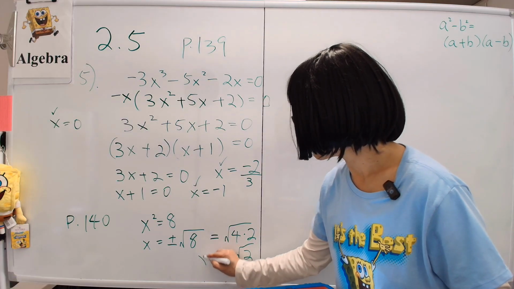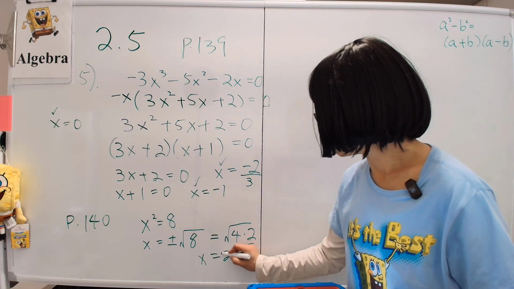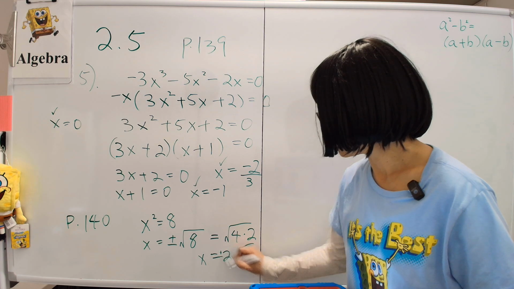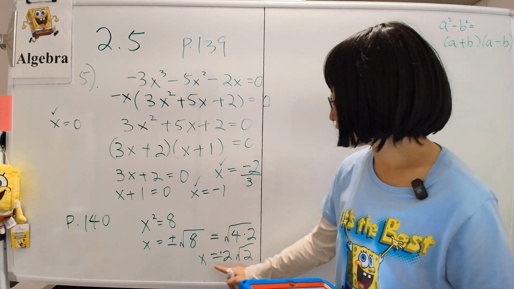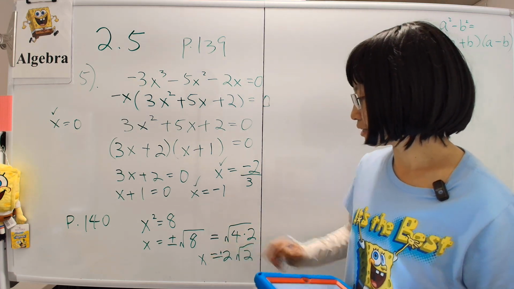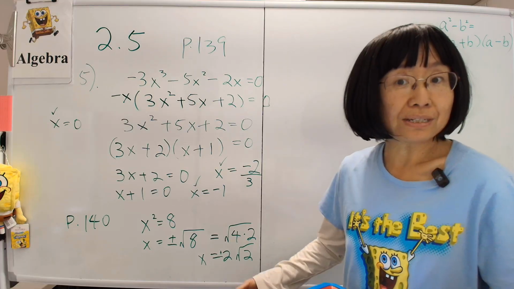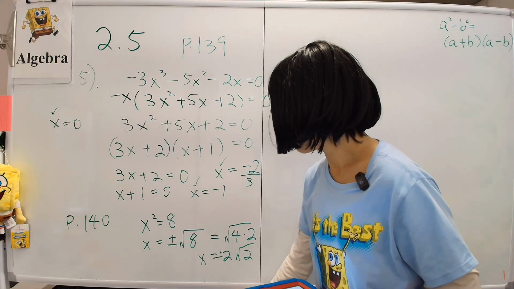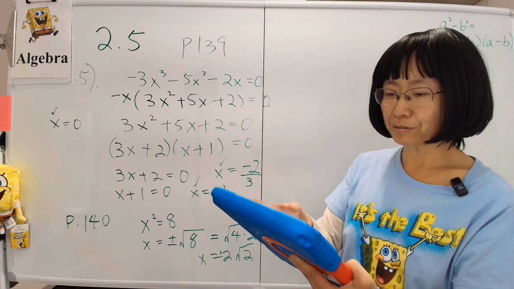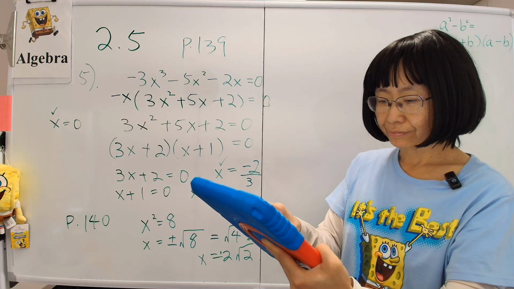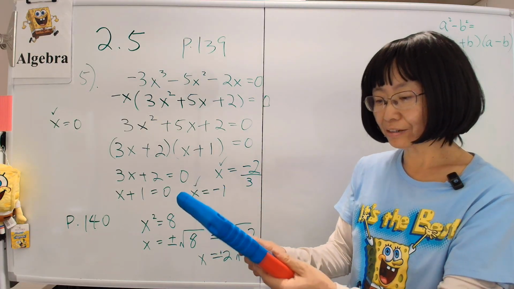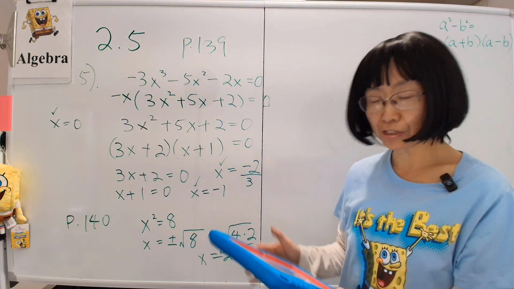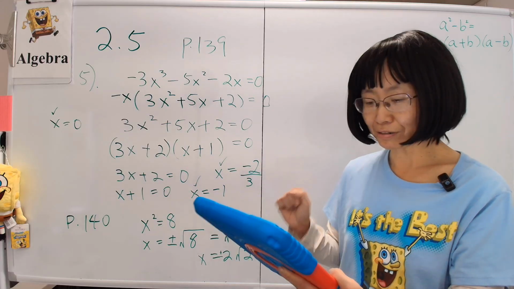So then x equals 2 square root of 2, with a plus or minus sign, which just means x equals either the positive one or the negative one. And both are acceptable in this problem. So as your book says, the solutions are 2 square root of 2 or negative 2 square root of 2.